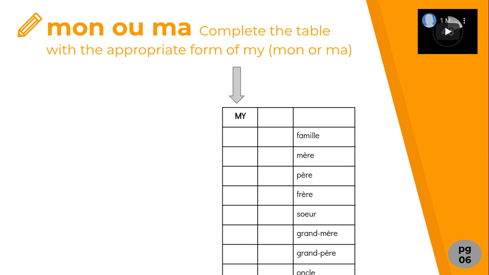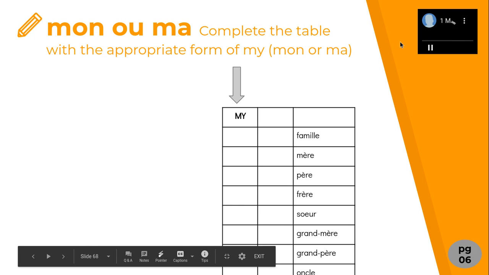So, mon, ma, mes, for my. Tournez à la page 6, s'il vous plaît, dans vos paquets. I need you to complete the table with the appropriate form of my: mon or ma. Remember, mon is used with masculine words. Ma is used with feminine words. Okay, vous avez 1 minute.